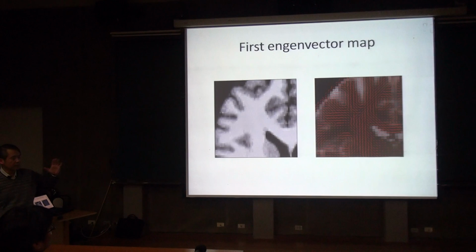And we can start to see some patterns that we expect to be reasonable, because we expect the fibers should go this way, and here the fiber should go this way. So it starts to provide us another new information, which is the fiber direction. We can detect fiber direction in the brain using diffusion MRI.